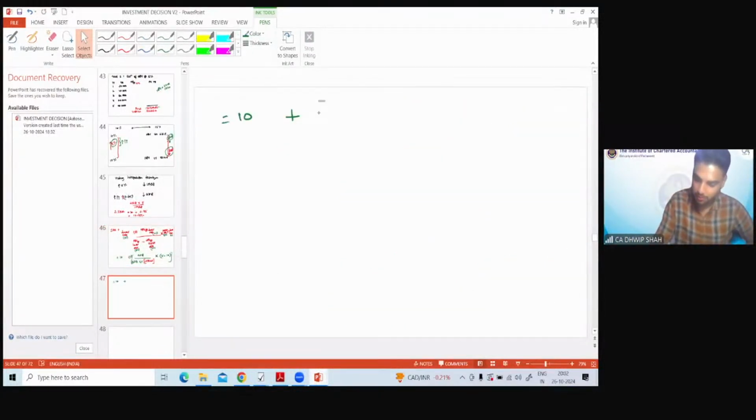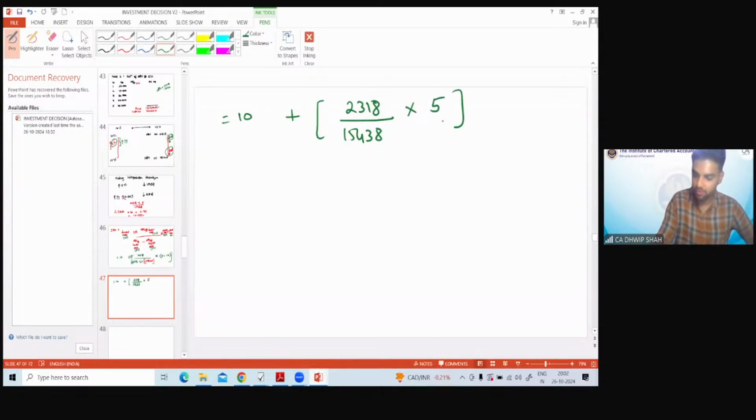So ब्रैकेट का आंसर comes to 0.75. 2318 divided by 15438 multiply by 5. So 10 plus 0.75, which comes to 10.75%.